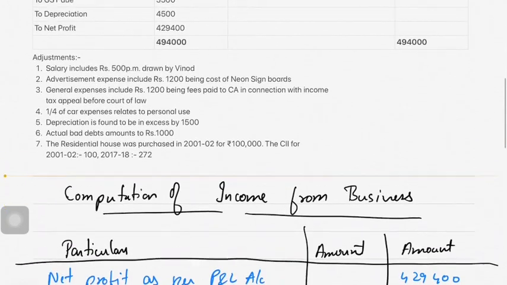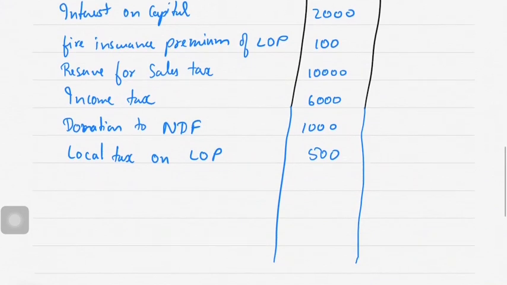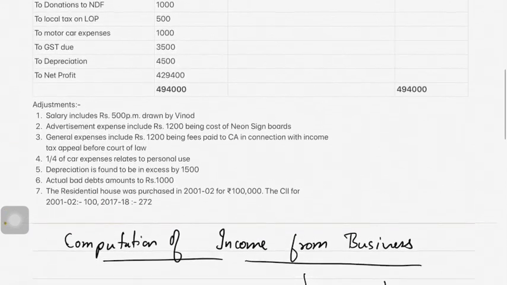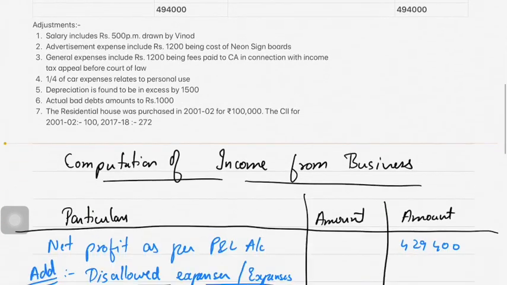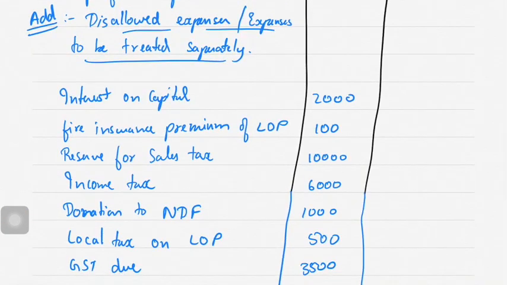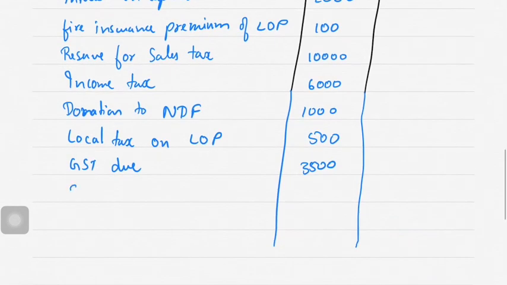Then motor car expenses, GST due 3,500. Now let's see the adjustments.